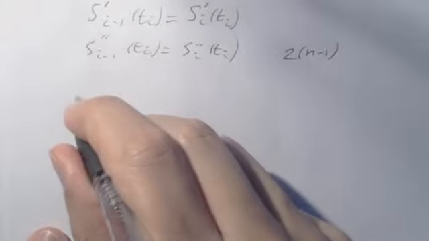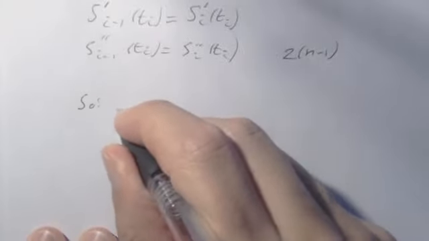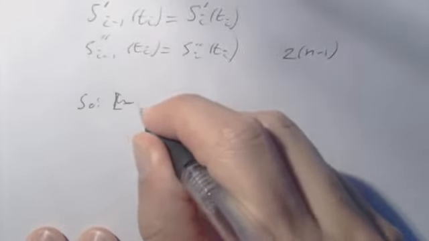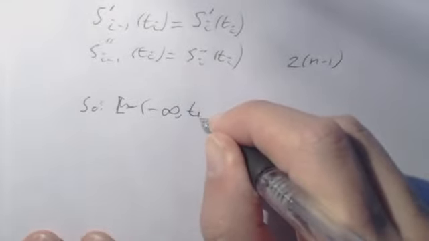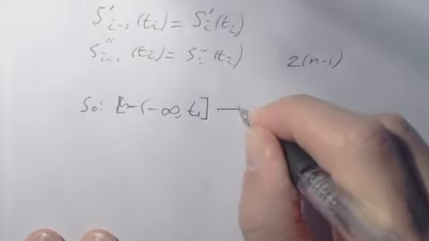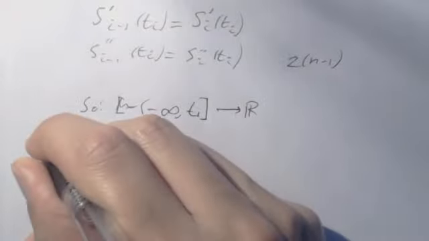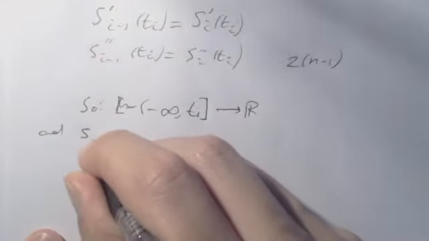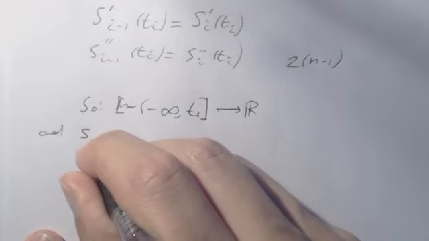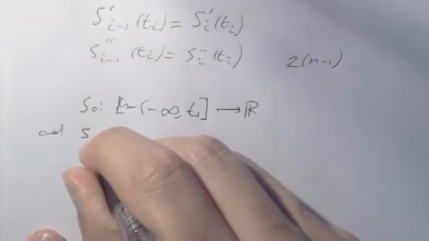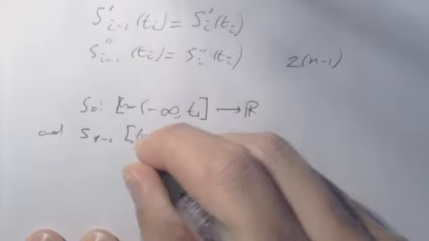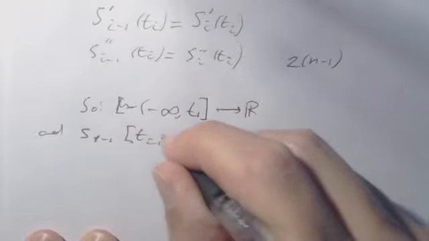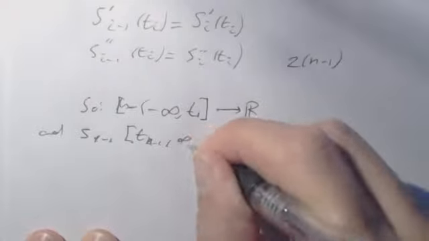S0, if you want to, you could divide it like this, from minus infinity to t1, and S_{n-1} could go from t_{n-1} to infinity.